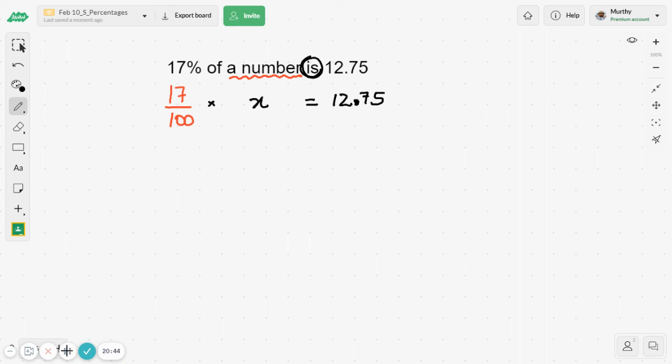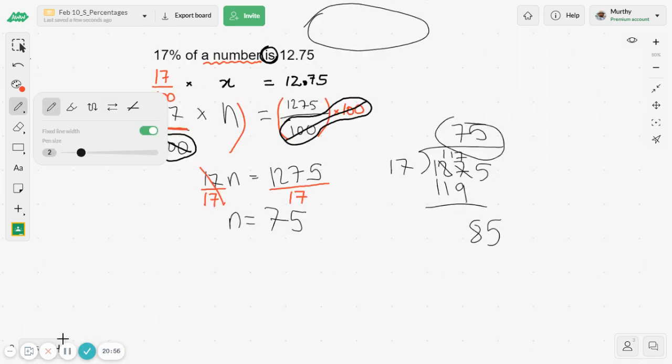Okay. Now our goal is to isolate x. So we have to detach and eliminate the other values. So the value of the variable here is 75. That is correct.